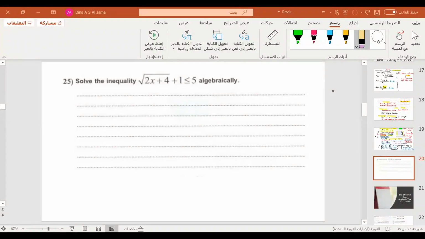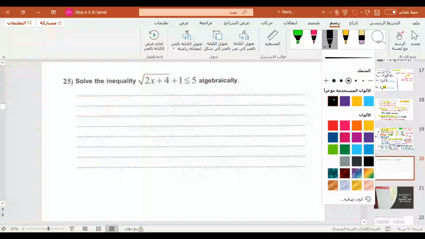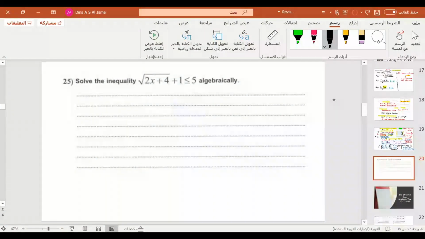And lastly, the last question in the exam will be helping you to revise how you can solve the inequality when you are having a square root. So let's solve it together. Whenever you are having a square root here, and plus 1, just remove it and move it to the other side.